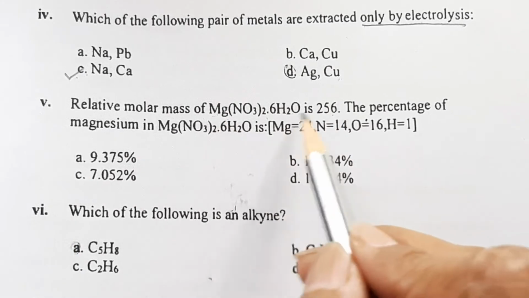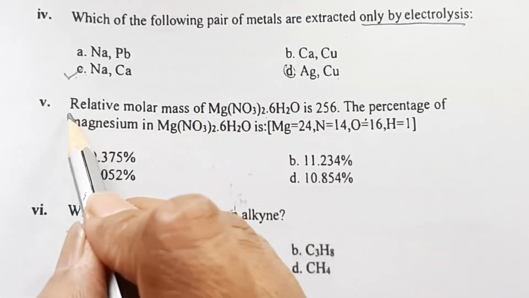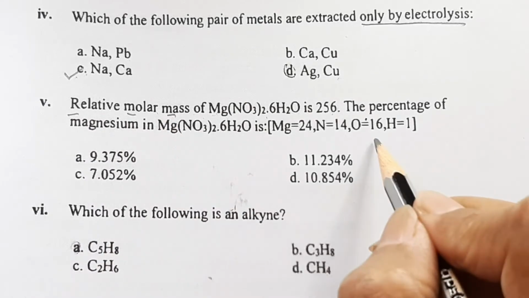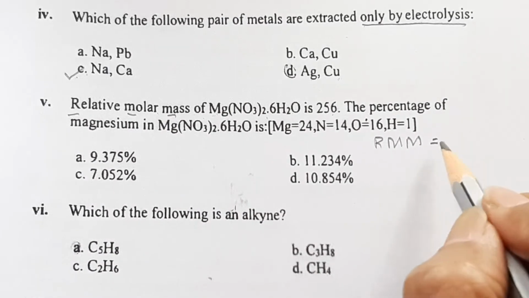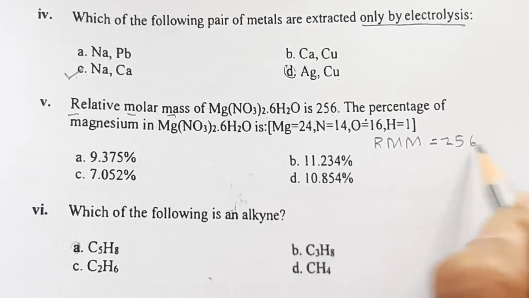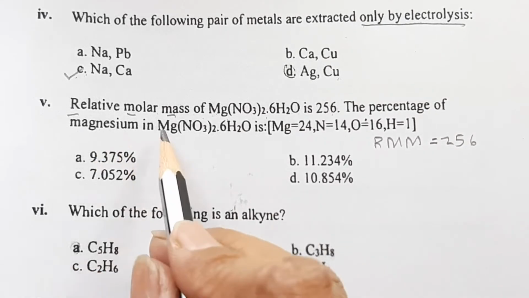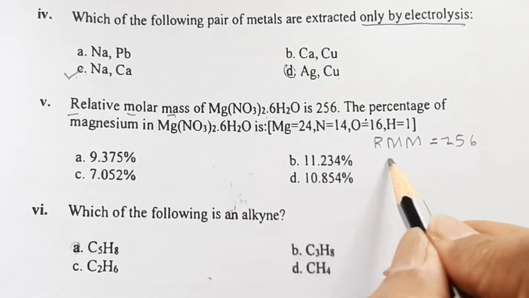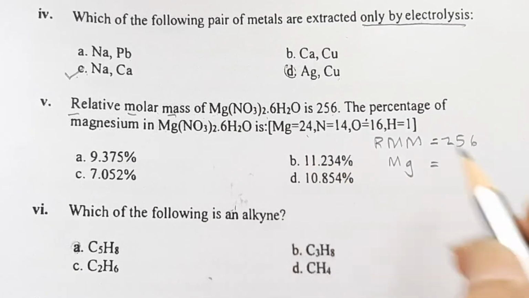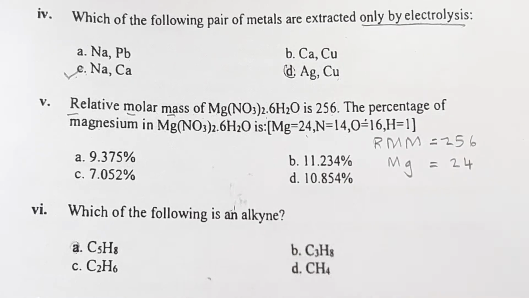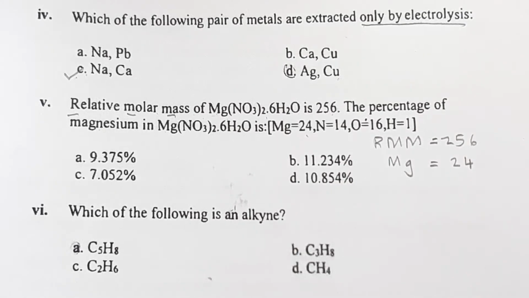The total RMM, relative molecular mass, I will write RMM is equal to 256. But the percentage of magnesium they are asking, so the mass of Mg is going to be 24. Now we will have to show the working for this, so let us see how we proceed.